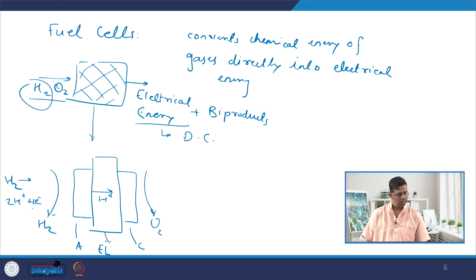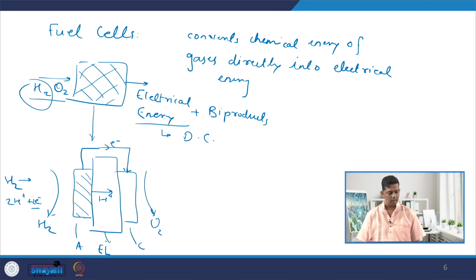What happens with these electrons? Since there is a sea of electrons generated on this electrode, they have a tendency to move out. That is why this electrode is called the anode, because there is a loss of electrons taking place on this side. Electrons travel through the external circuit, that is where we get the current, or rather electricity or electrical power.